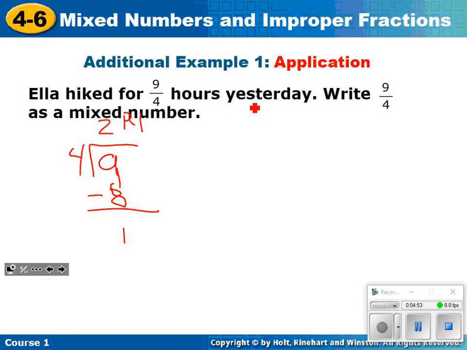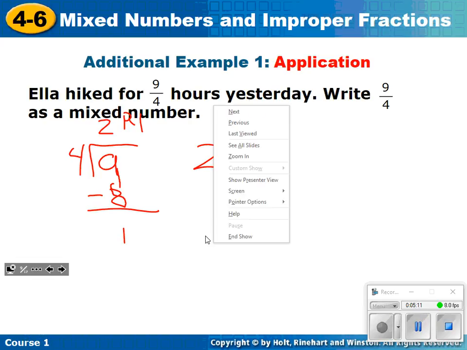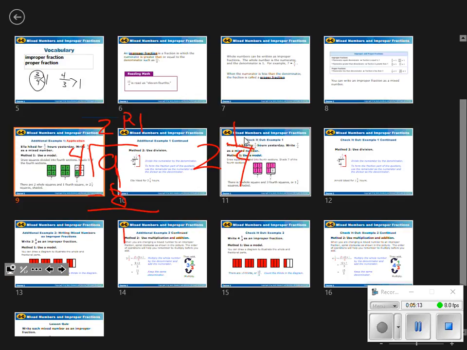So instead we go 2, and we take that remainder, we put it here, we put a line under it, and we put the one we divided by there. 2 1/4. I'm sure that this is too complicated for all of you.